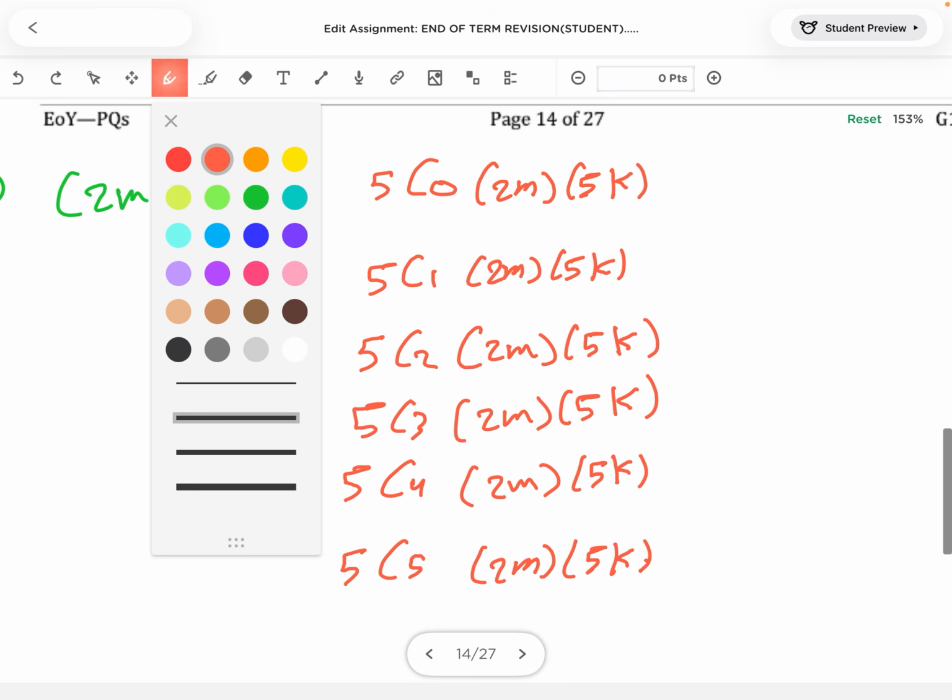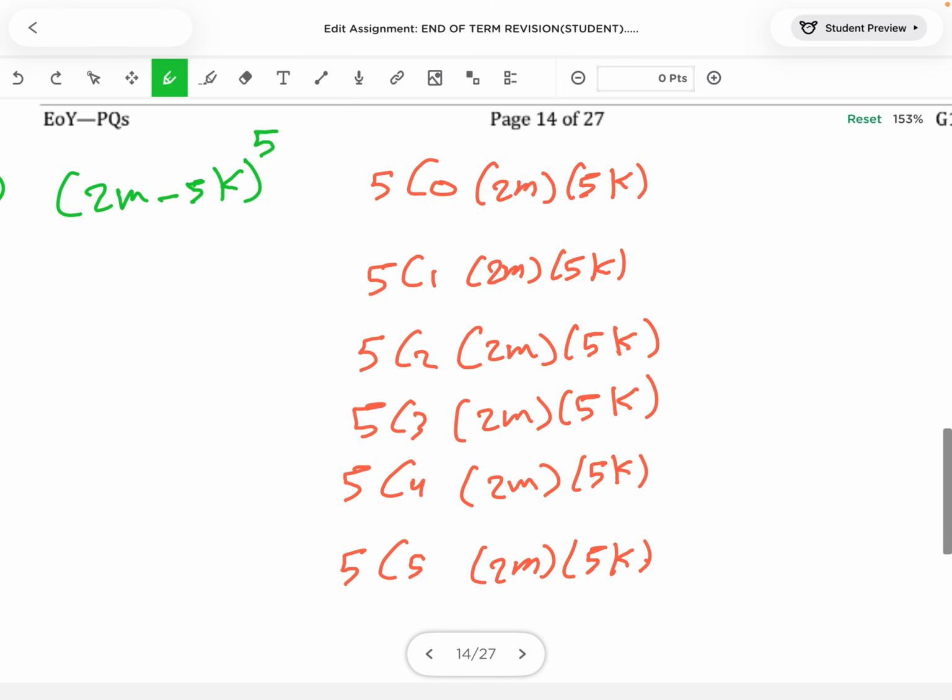The powers: 5, 4, 3, 2, 1, 0, 0, 1, 2, 3, 4, 5.